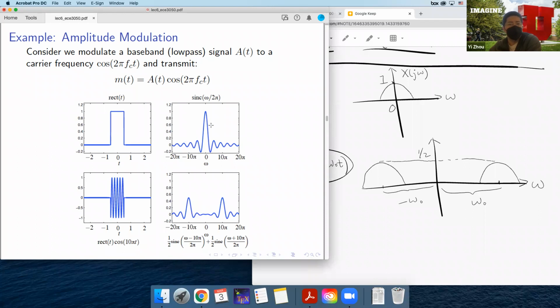And for this sinc function, we can see that the majority part of this signal is concentrated in the low frequency part. So it is indeed a baseband signal. Okay. Now we want to transmit it at the carrier frequency.